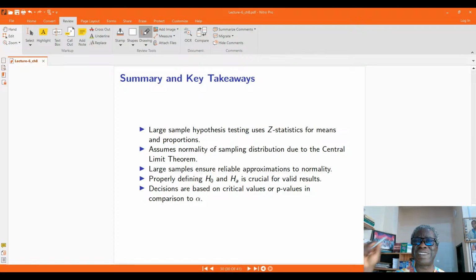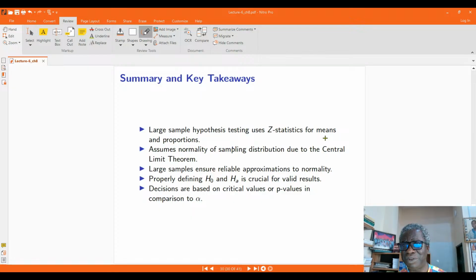In your research, you have to start with the hypothesis. Then you choose your level of significance, alpha. Then you collect the data, and then you calculate the test statistic.